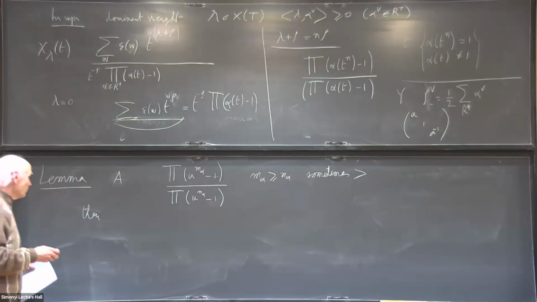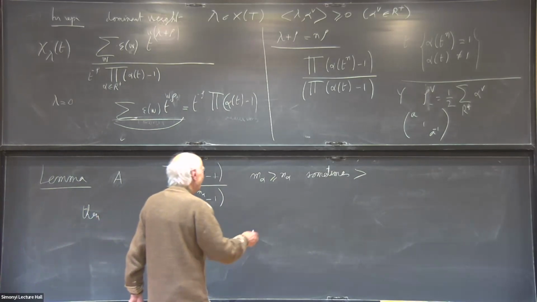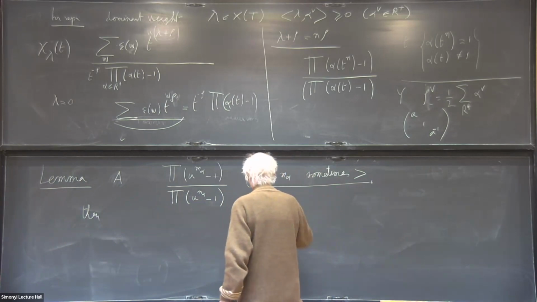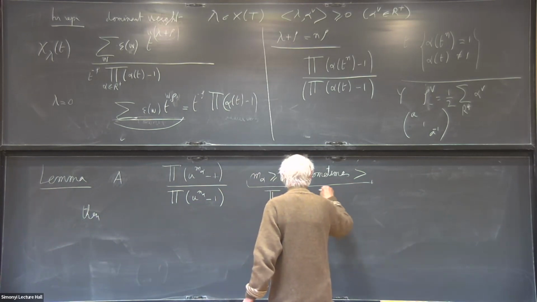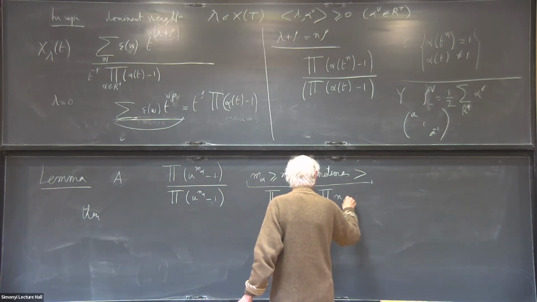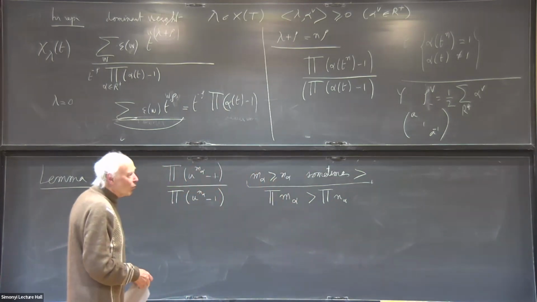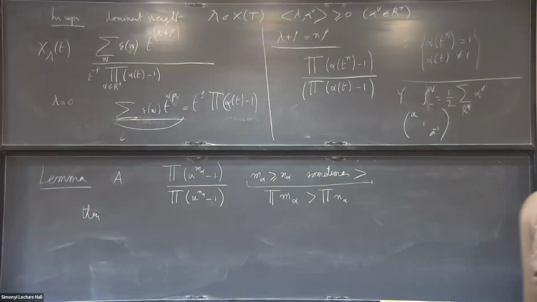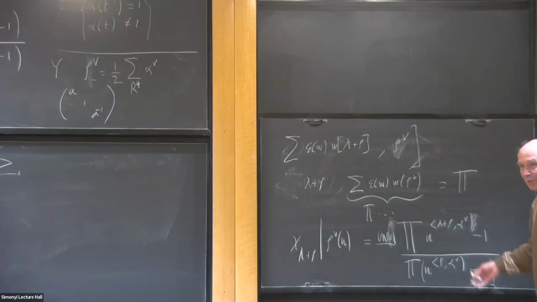the character. Now I will prove it after relaxing somewhat the assumption. I will just assume that the product of the m_alpha is bigger than the product of the n_alpha. One observation here: it's not obvious on the formula that this function is a polynomial.